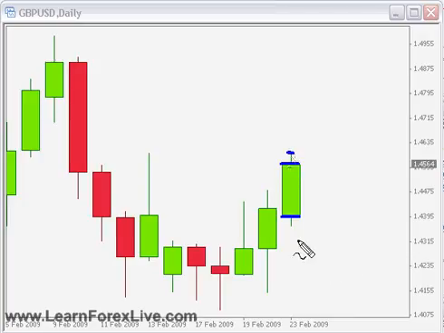Then you get the upper wick, representing the highest point for today's price action, and then you get the lower wick, or some people call it the shadow, the lower and upper shadow of a candle. I personally call them wicks, because it sort of resembles a candlestick, doesn't it?